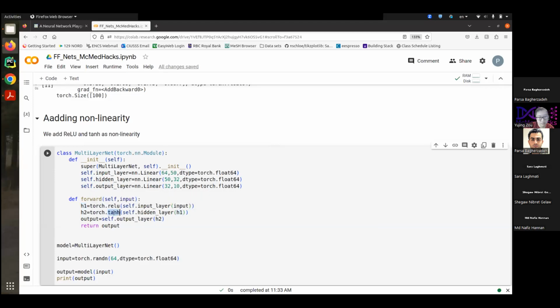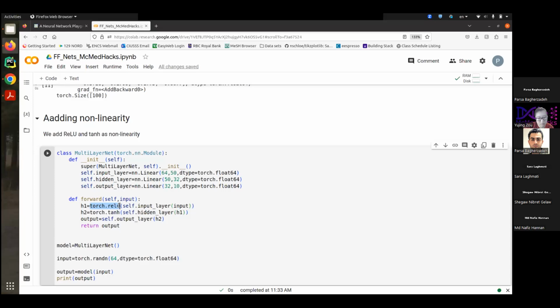The next layer has a hyperbolic tangent, and so on and so forth. It's as simple as that. Just torch.relu or other activation functions that are defined in PyTorch, or activation functions that you can define, which is a little bit away from our discussion.